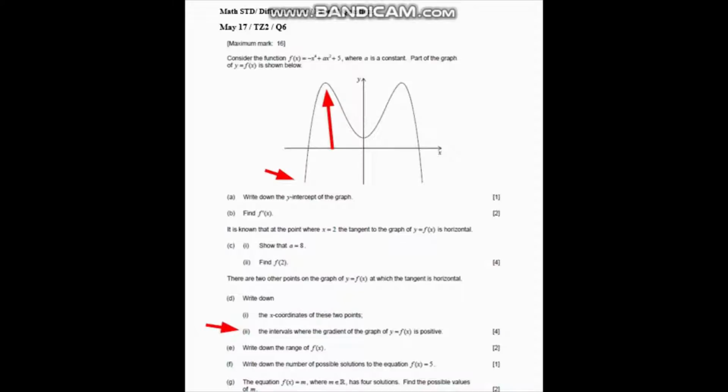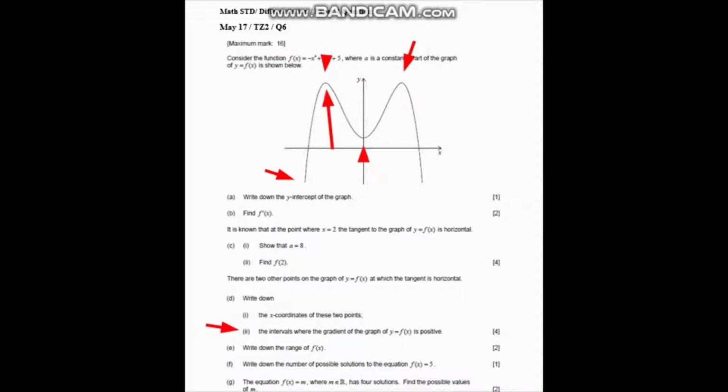And then the second interval begins at x equals 0 and ends at x equals 2. So for 0 less than x less than 2, the function is increasing, hence the slope is positive. Bear in mind that in all of these intervals, I cannot say less than or equal, I have to say less than.